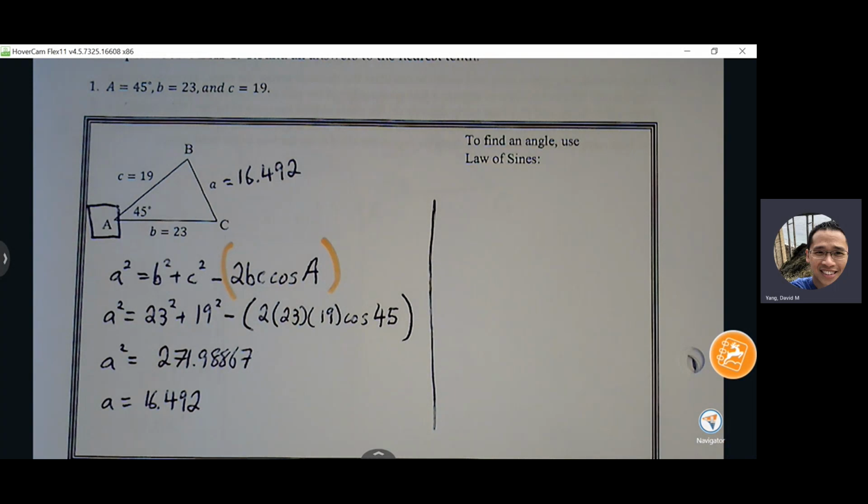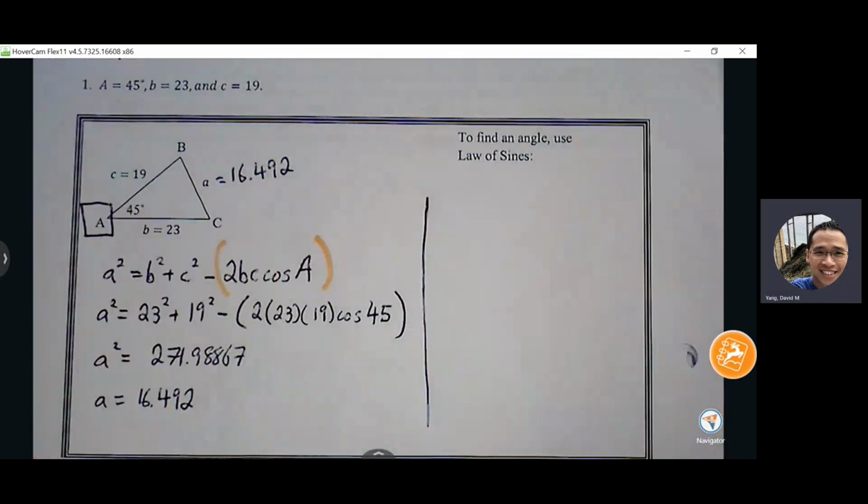Okay. I'm going to solve for B, but you can solve for C if you want.